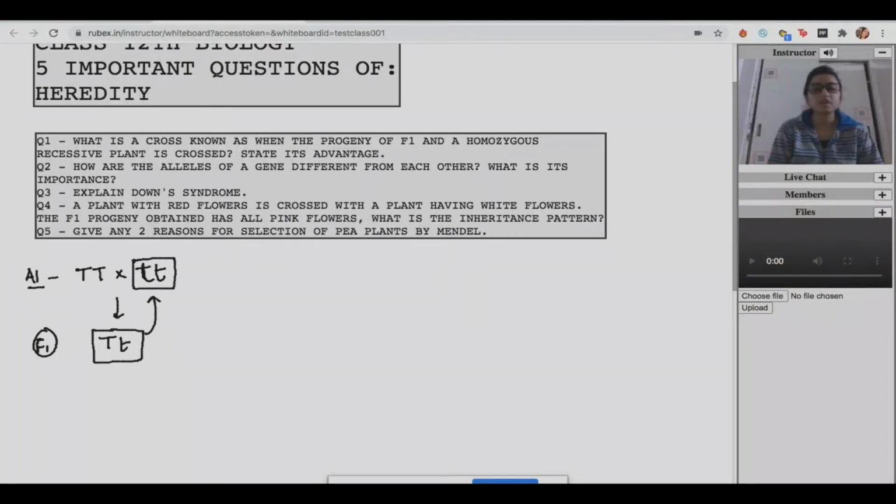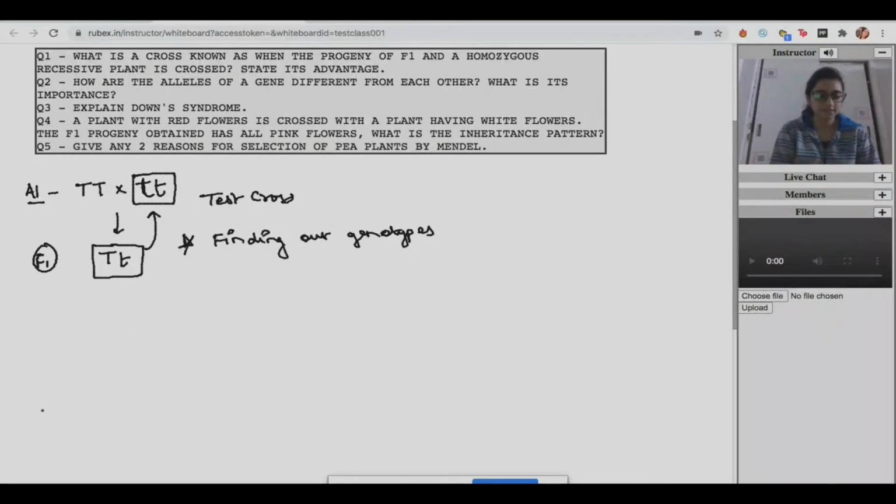This is known as a test cross. The advantage of this is that it helps in finding out the genotype of the plant under consideration.